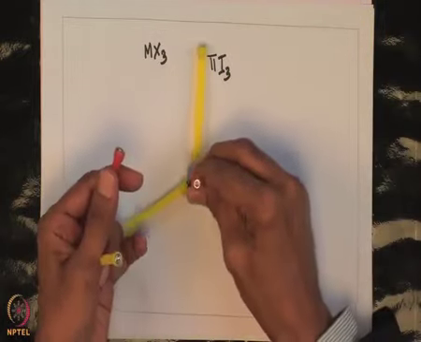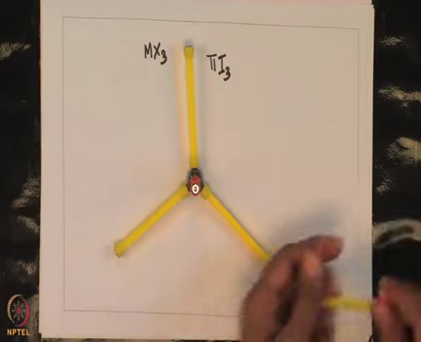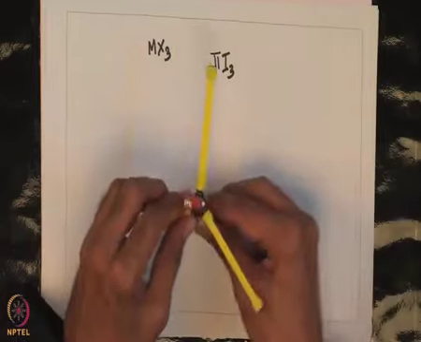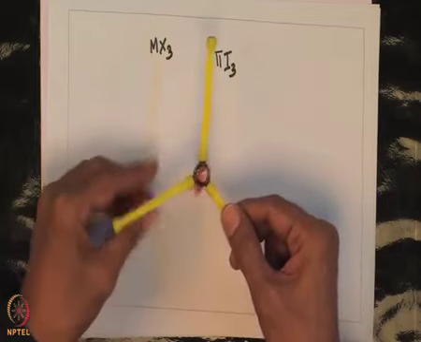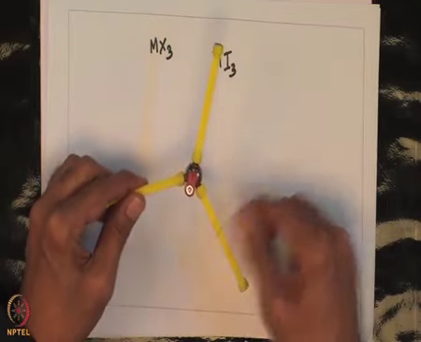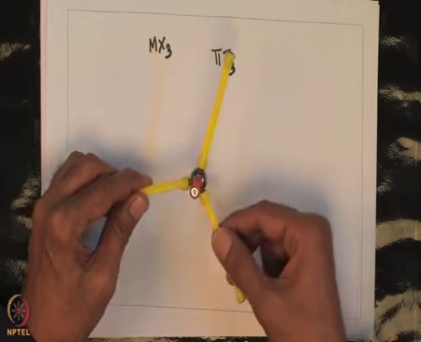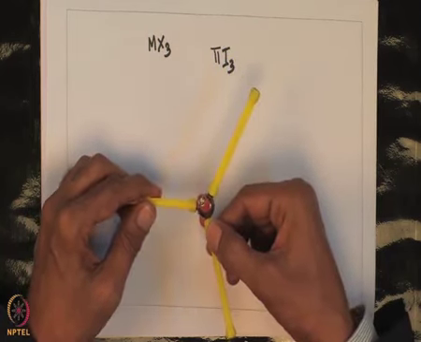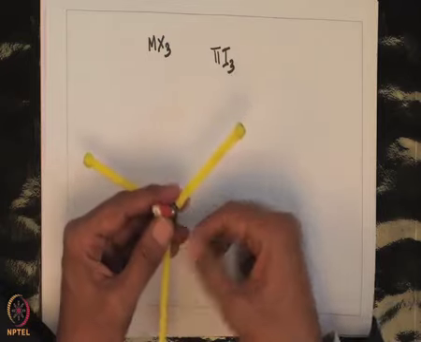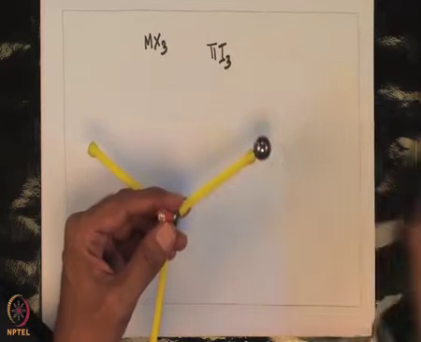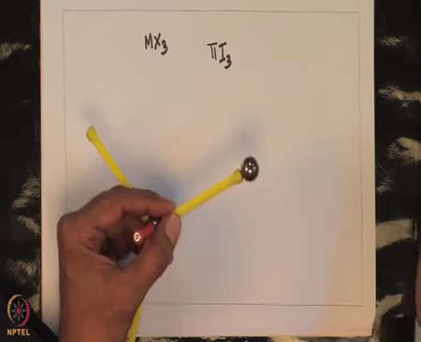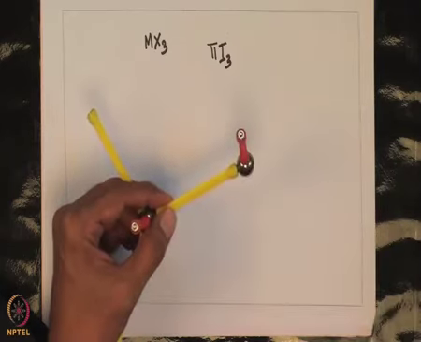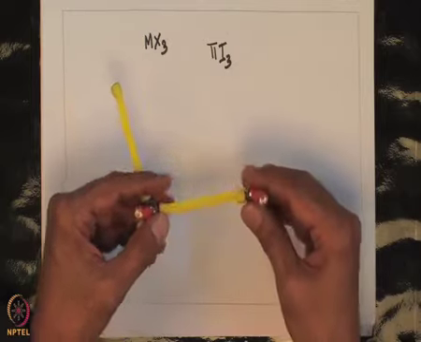So, if you assume this is the empty p orbital, in case of BF3 and also to an extent in case of BCl3, pi back donation can be anticipated from fluorine, as they also have filled p orbitals in this fashion.